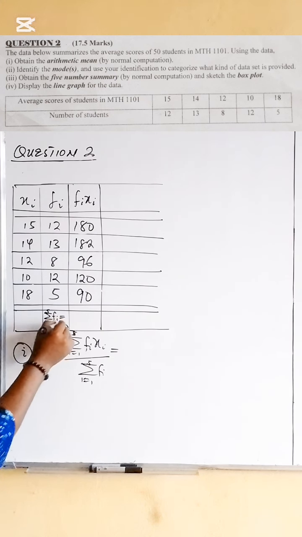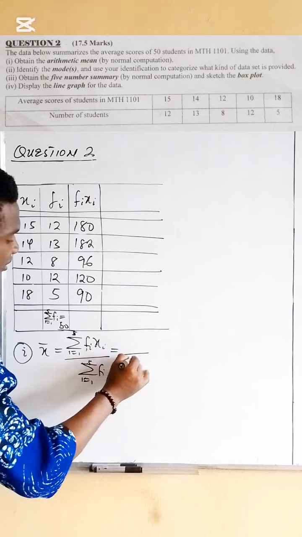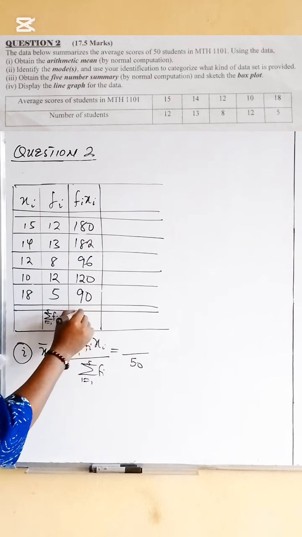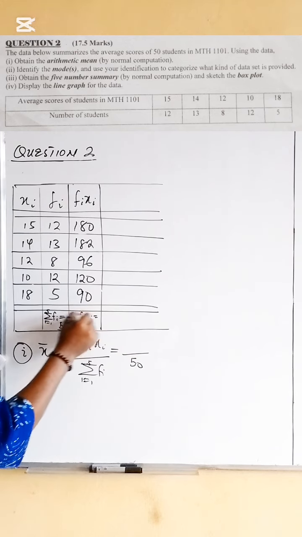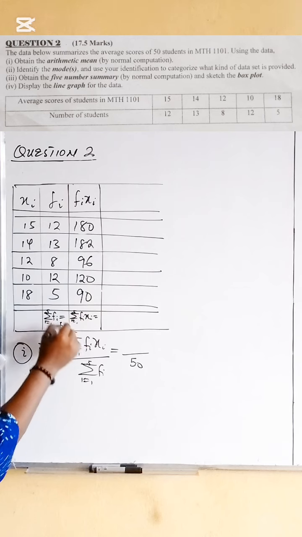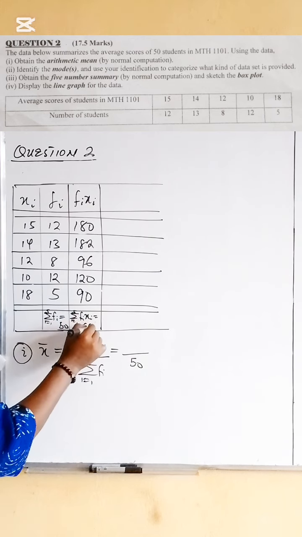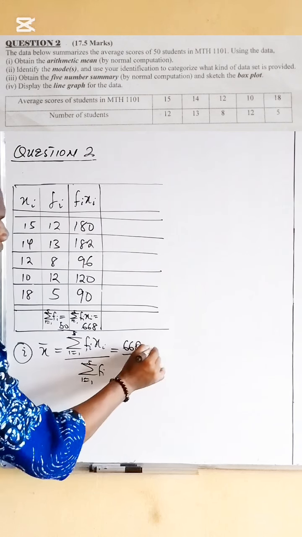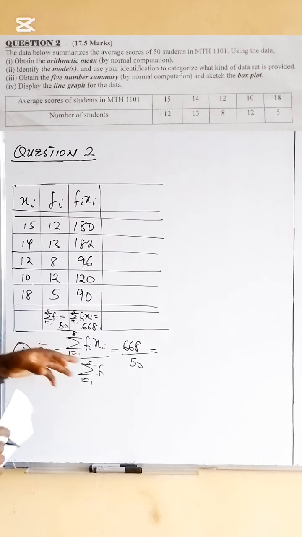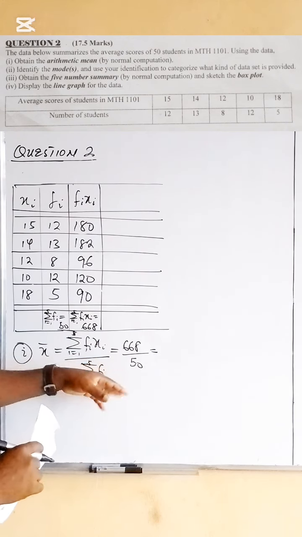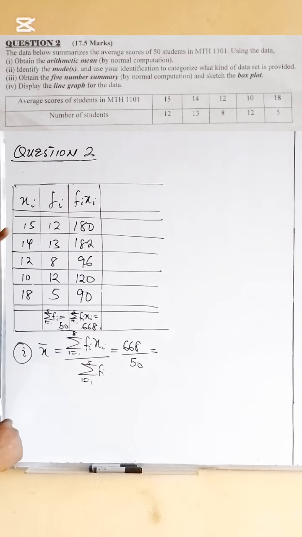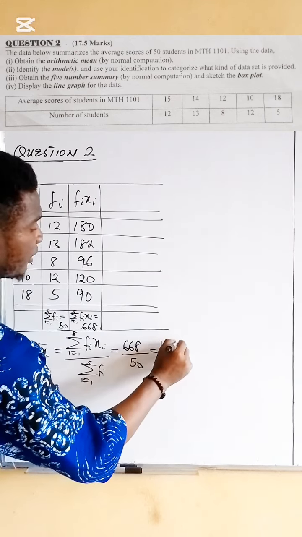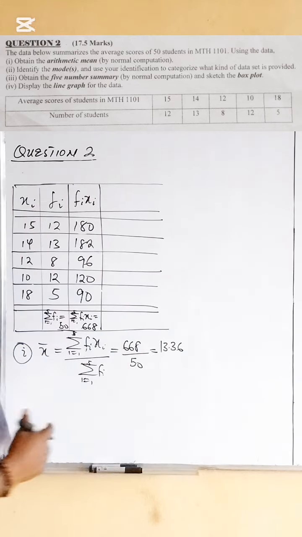So I'll put 50 here. What would summation fi xi give us from i equals 1 to 5? 668. So I'll put 668 here, and quickly one can see that the mean will be 668 divided by 50, to 2 decimal places. What would that give you? 13.36.